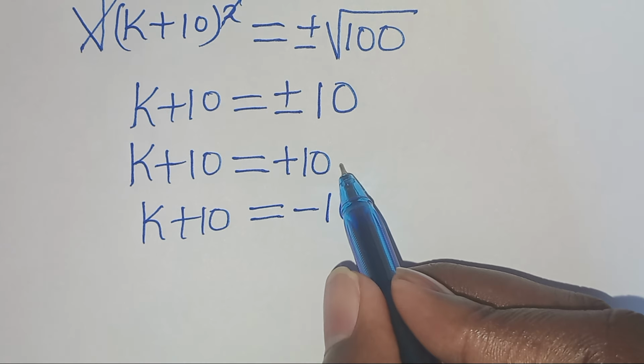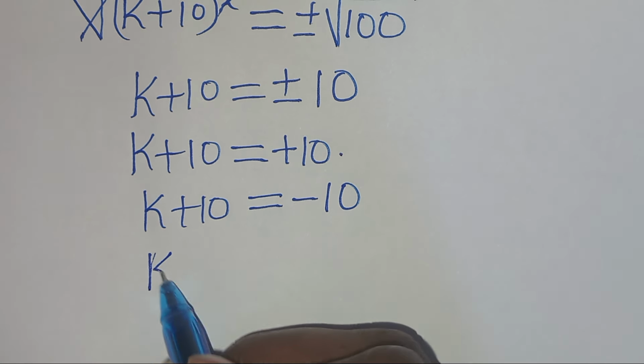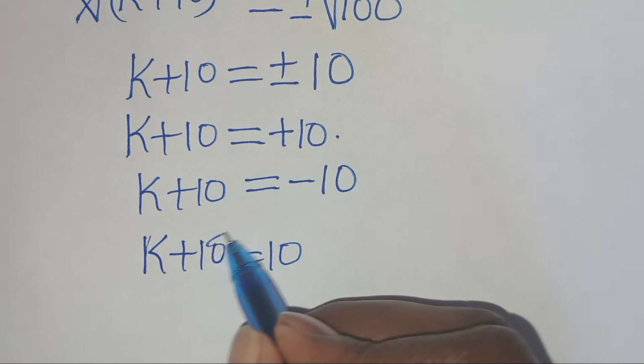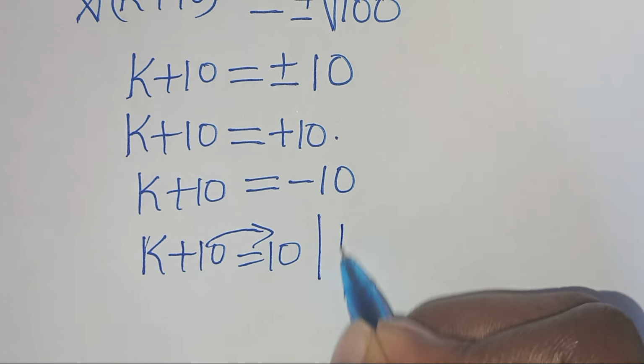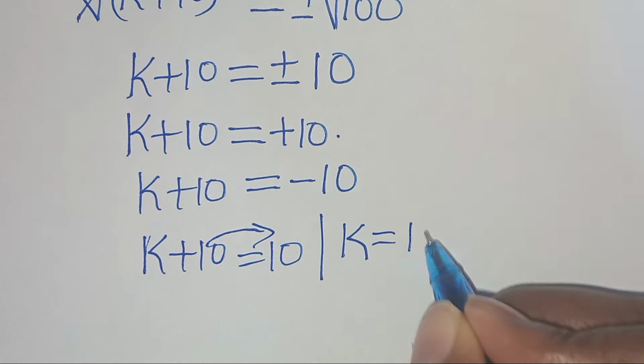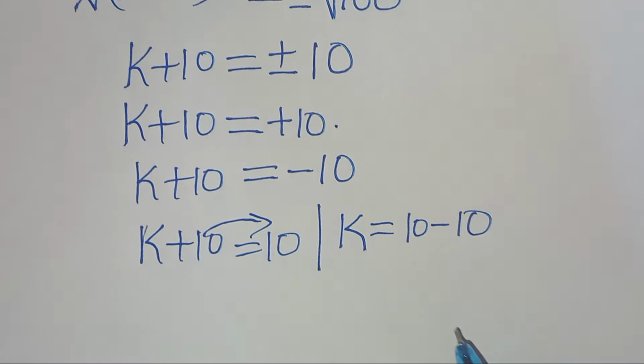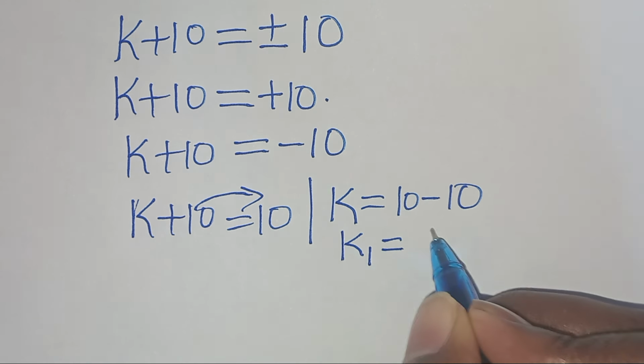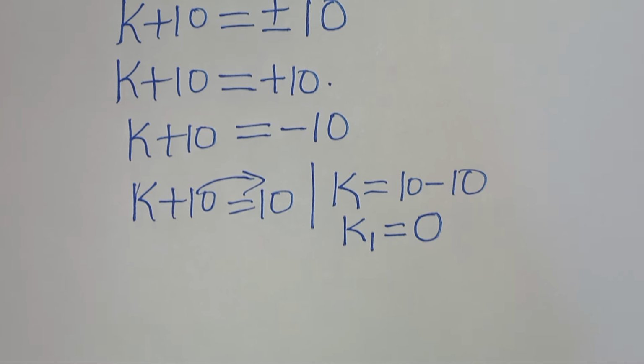From the first part, we have k + 10 = 10. Taking 10 to the right hand side, k = 10 - 10, so k1 = 0.